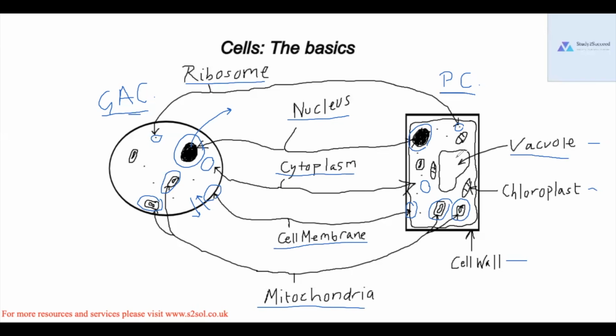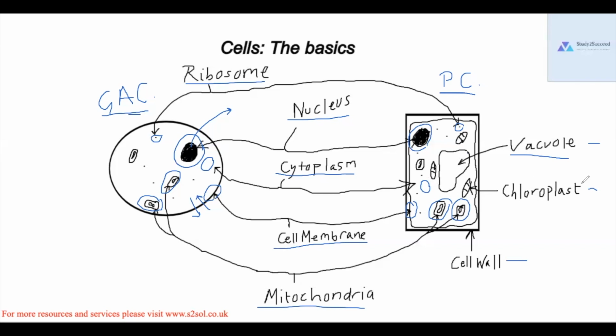And the vacuole is depicted by this empty sac here that we find in the middle of a plant cell. Now, the role of a vacuole is to provide a space where cell sap and other assimilates can be stored. So it's kind of like a storage unit for the plant cell.